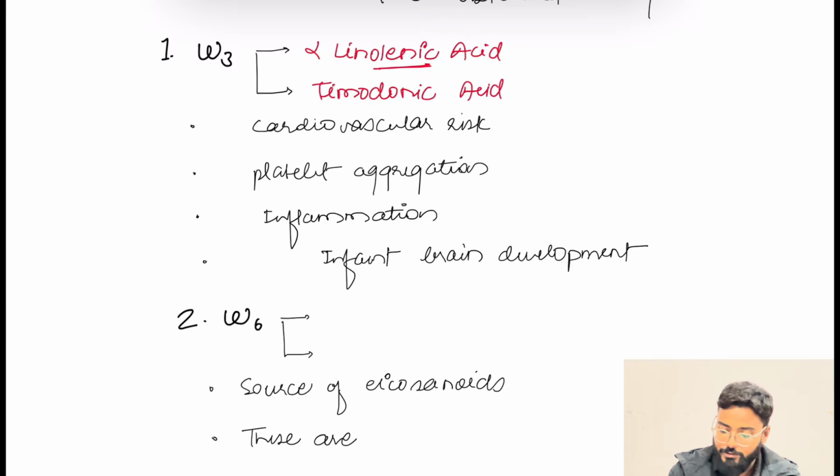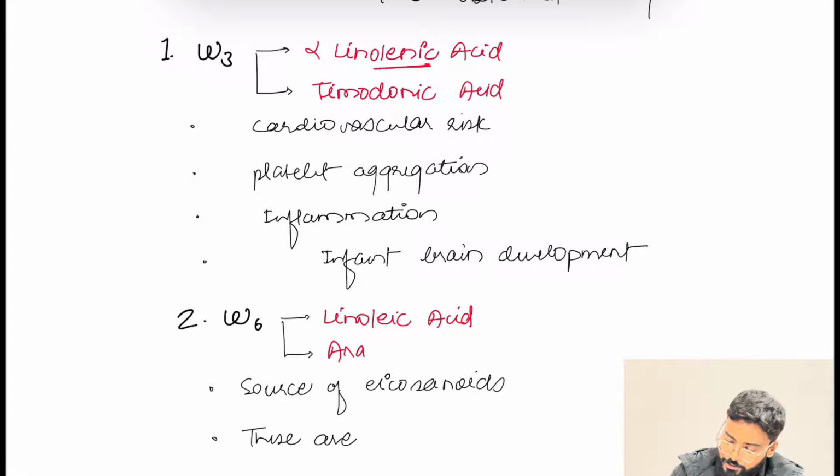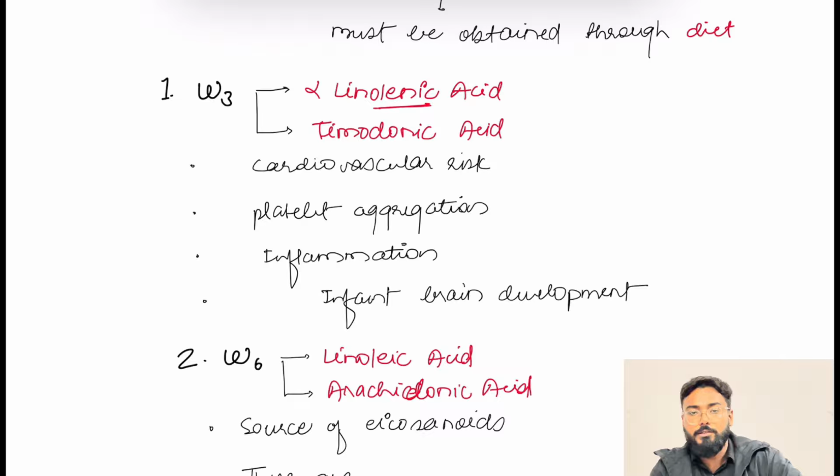And for omega 6, the examples are linoleic acid and arachidonic acid. So these are the main examples we need to learn. Alpha linolenic is omega 3 and linoleic is omega 6. And timodonic is omega 3, and arachidonic is omega 6.